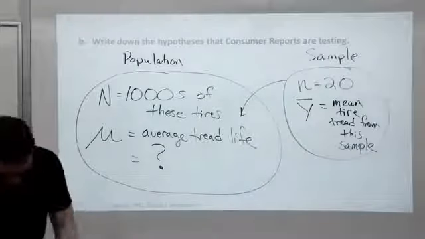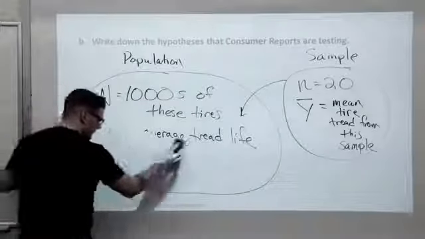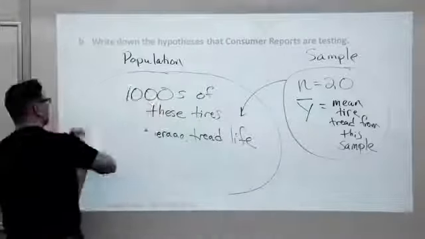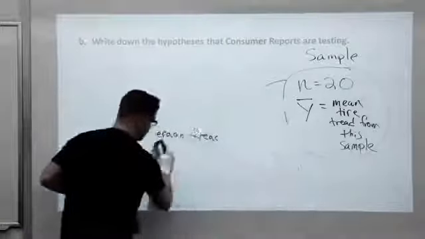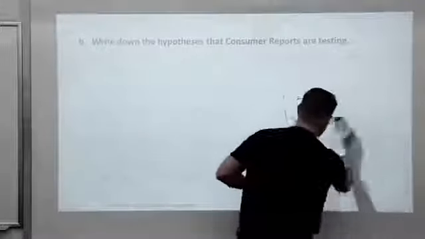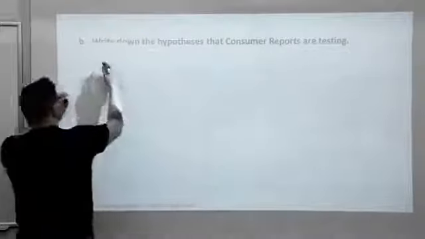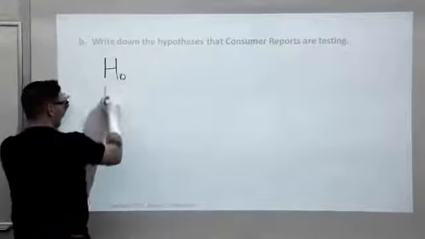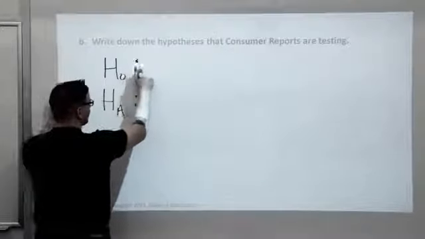Part B, let's see, flip it over. Yep, write down the hypotheses. All right, get rid of this big old picture here. H sub 0 for the null, H sub A for the alternative.